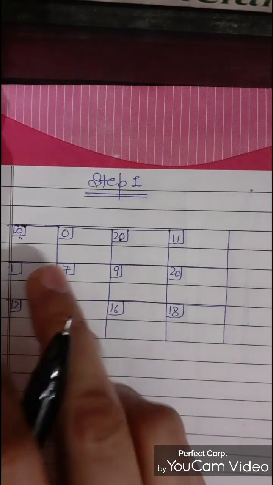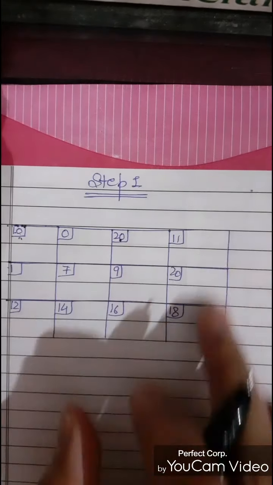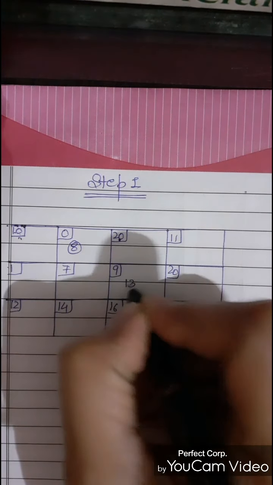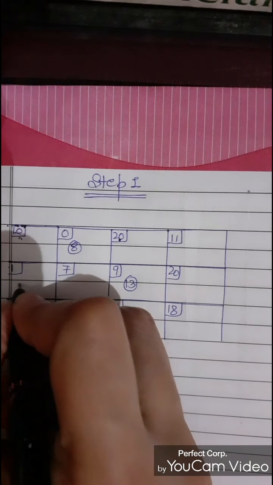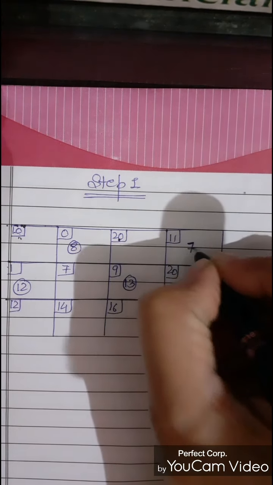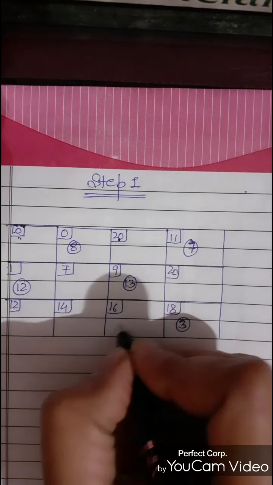Now I will mention the allocations I got by applying Vogel's approximation method here. The allocations I got after applying Vogel's approximation method were 8, 13, 12, 7, 3, 2.